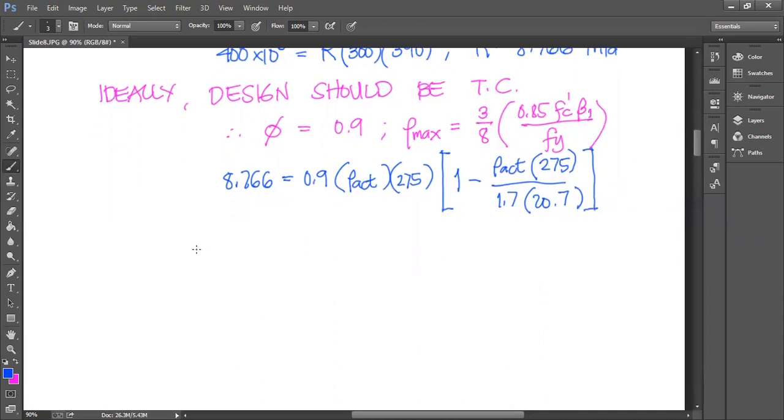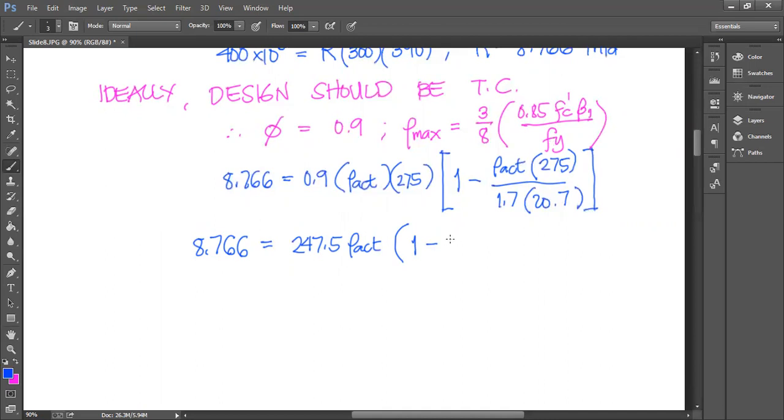So, yung 8.766 ulit, i-simplify natin. So, 0.9 times 275 is equal to 247.5 raw actual multiplied by 1 minus, isimplify din natin itong nasa loob. So meron tayong raw actual times 275, i-divide natin ng 1.7 by 20.7.